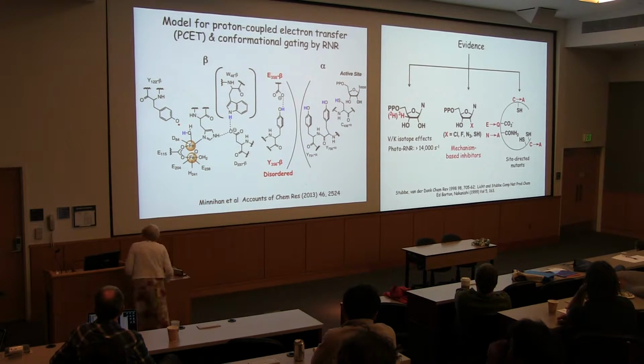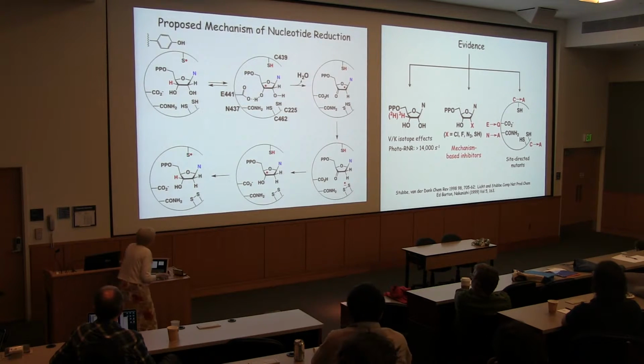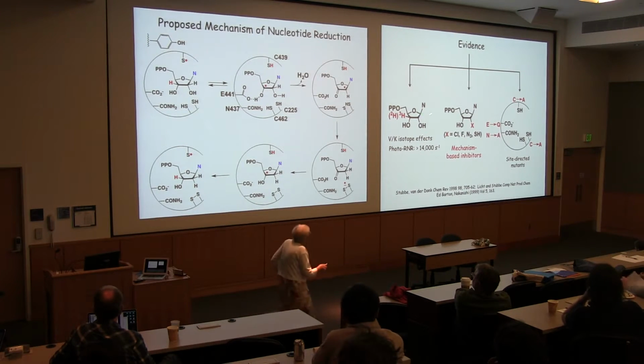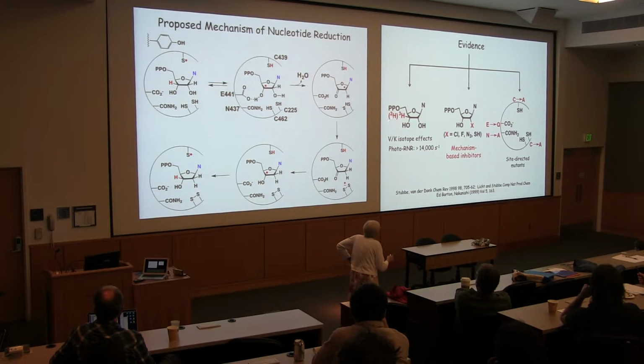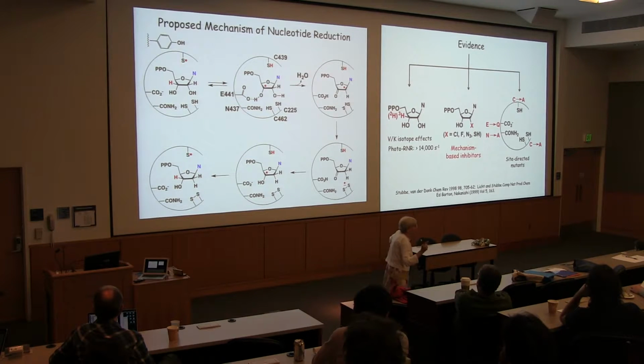Okay, so how do we approach this? So we use three approaches, standard approaches, but you use this when you study iron oxo-mediated oxidation of something. You look for an isotope effect on the reaction. Okay, so we saw no Vmax isotope effects, only V over K. From our photo-RNRs, we can measure the rate constant for this process because the photo-RNRs uncouple the conformational gating of 14,000 per second.